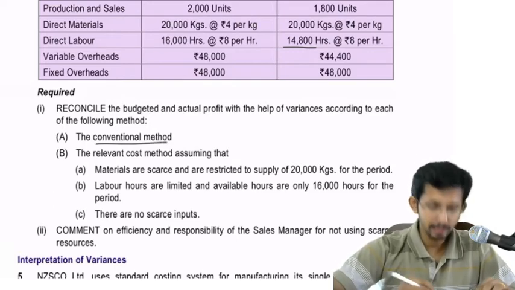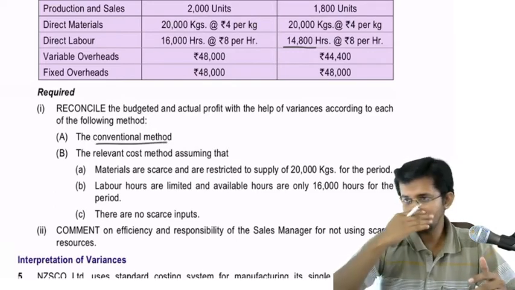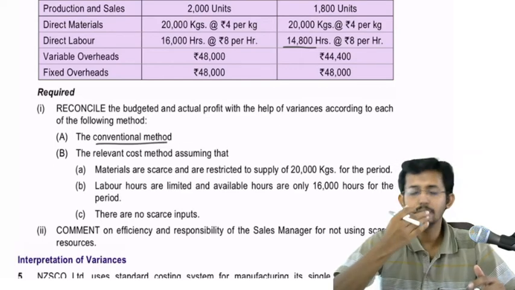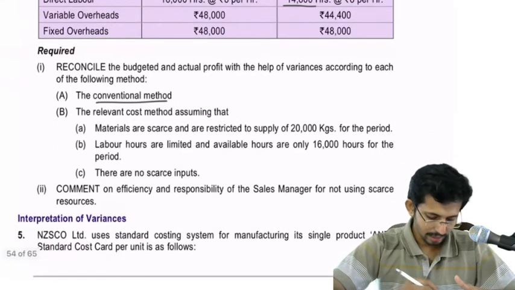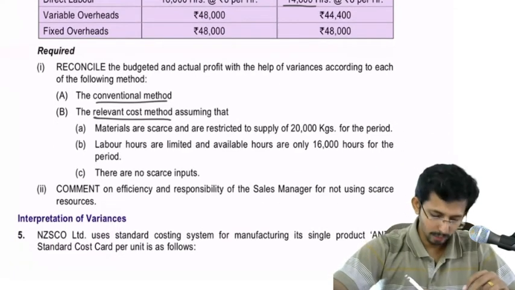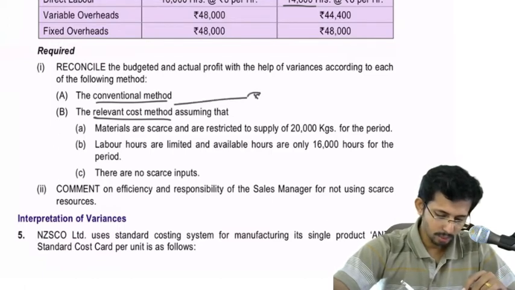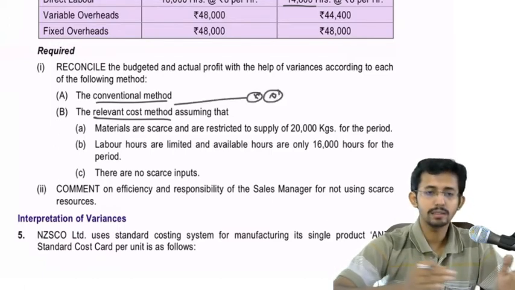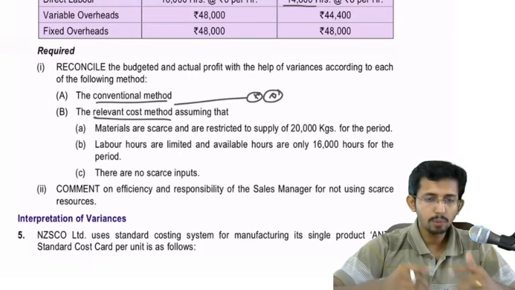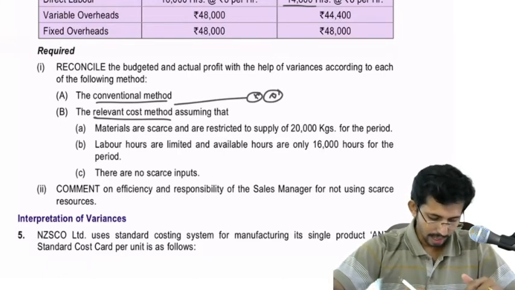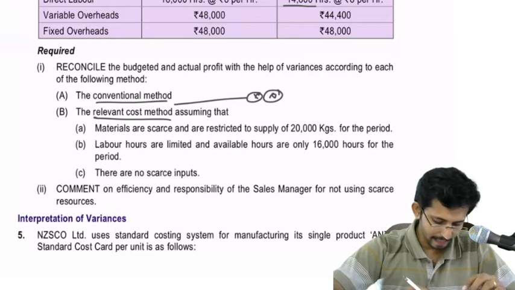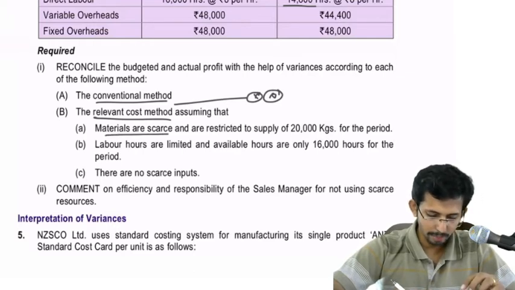1. Conventional method, you have to find out all the variances under conventional method, that you have to do the reconciliation of profit. Then relevant cost method, yes, this is one area which we did not do when we did the theory part. Okay, now you have a problem on that. And the relevant cost method, assuming that 1 or A, materials are scarce and restricted to supply of 20,000 kilograms for the period.